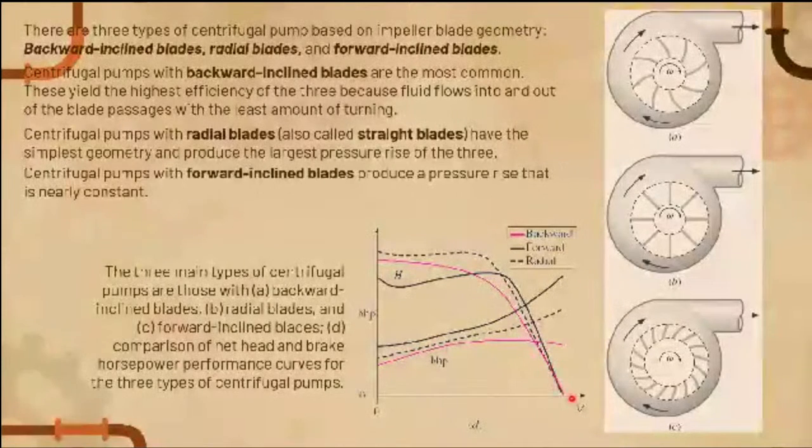So this pump has the same capacity, but the plate is different. You look at these three, they are having the same capacity over here, but their head will be different due to the plate design. So the radial will have the highest head, then it will be followed by the backward, and the lowest head will be the forward.